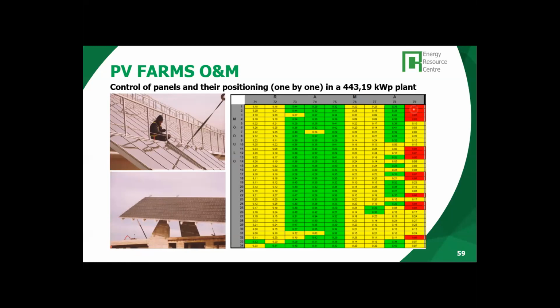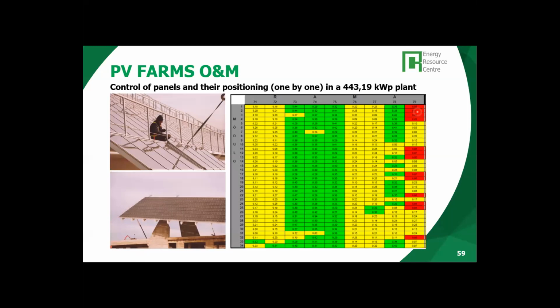Only 14 panels. It's a good installation. The manufacturer is correct normally. It's an acceptable situation. Only 14 out of 2,600 panels.